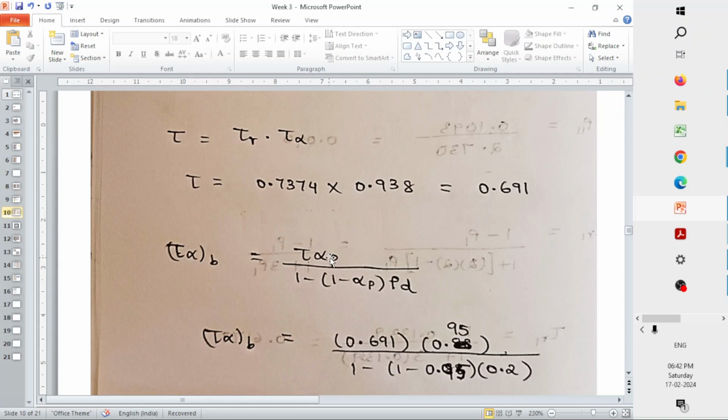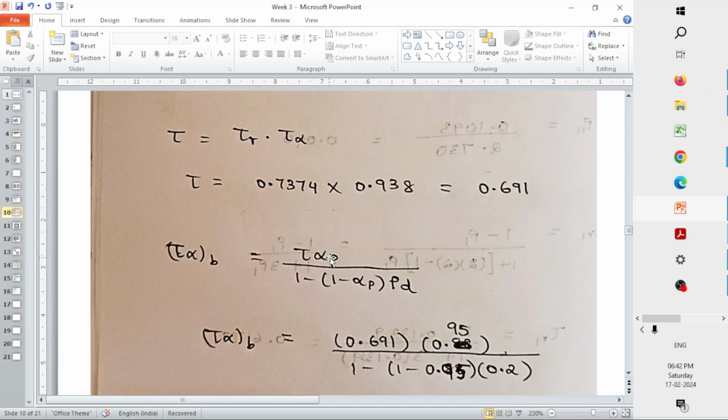Now the light has got refracted and gone through the air, and it is going to fall on the absorber plate. The absorber plate will have a particular absorptivity. It is not a black body, so the value will not be 1, because a black body is an ideal case.